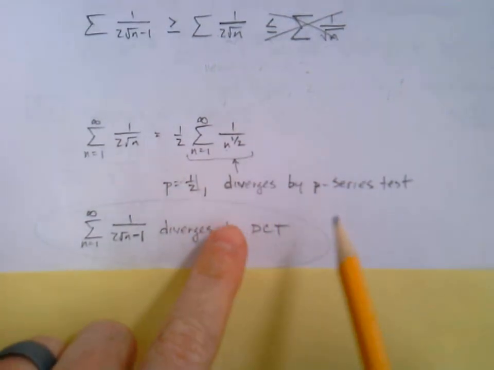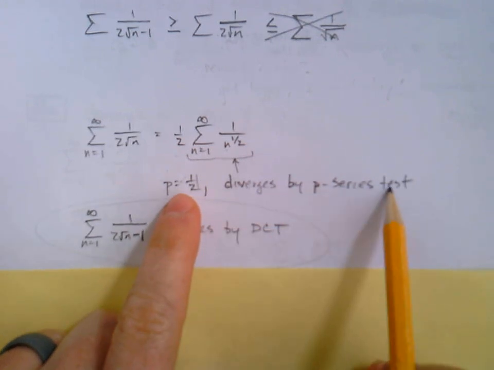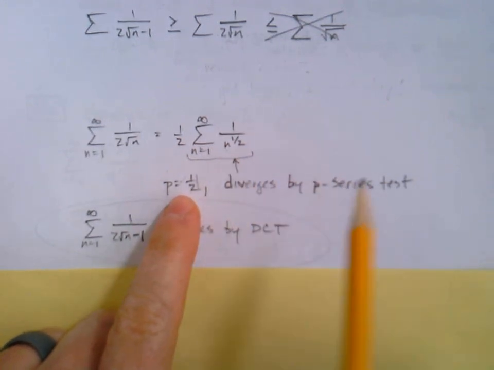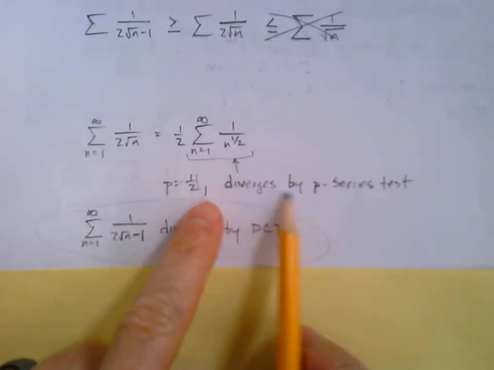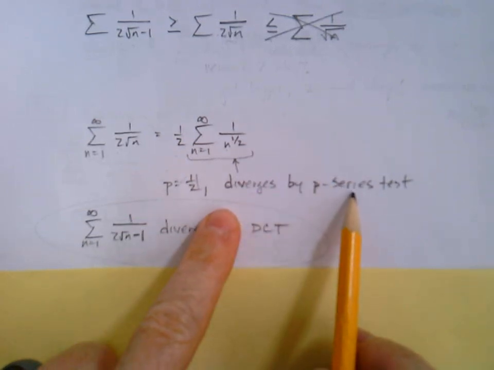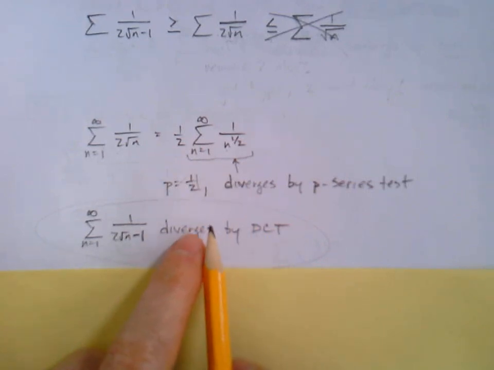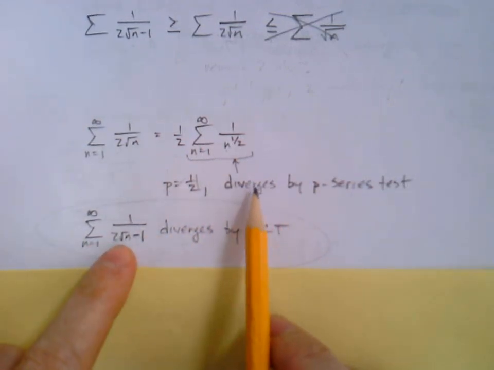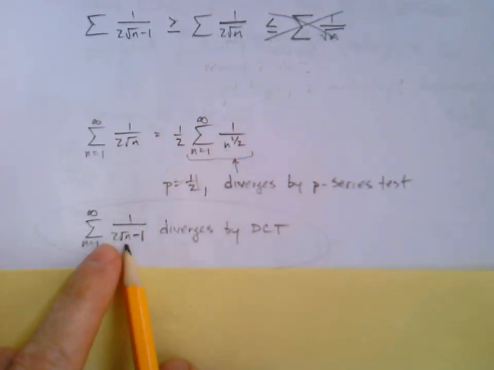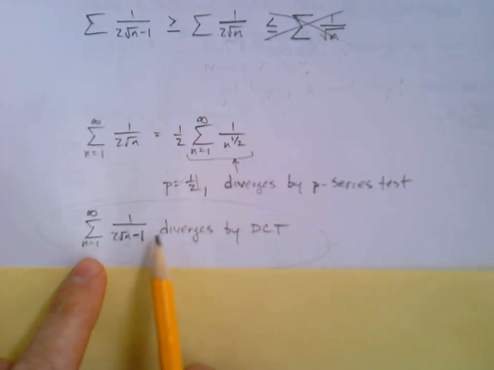I would definitely not want to conclude with this line. Hey, this diverges. Okay, done. No way. I need to say it diverges. I need to say it's by the p-series test. But then I have to make the logical connection here and say because this diverges by p-series test, then I know the original series diverges by the direct comparison test.